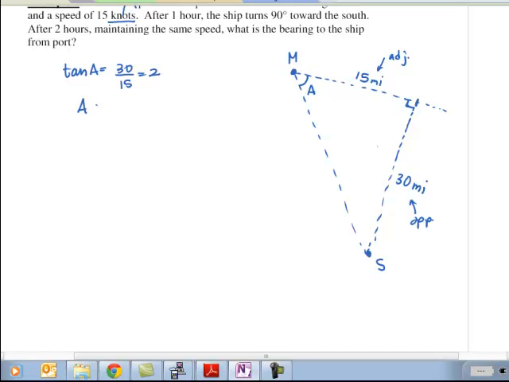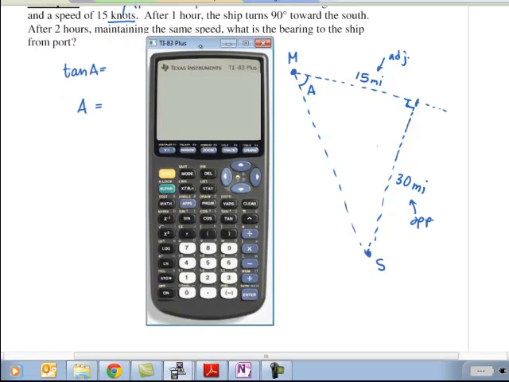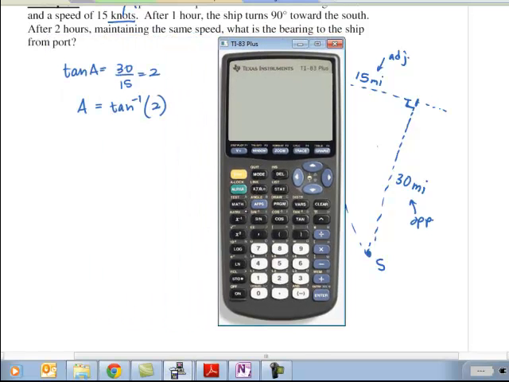So A, if we want to solve that, again, we'll use the inverse tangent function. Our calculator is all set in degree mode, so our answer is going to be in degrees. So A is the inverse tangent of 2.